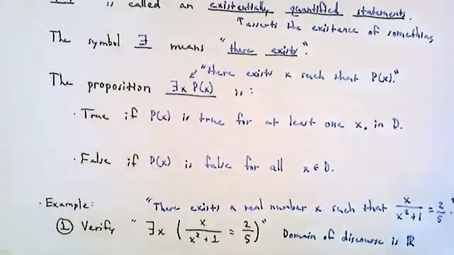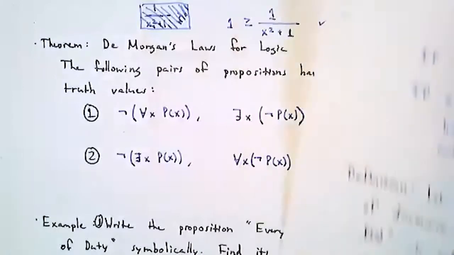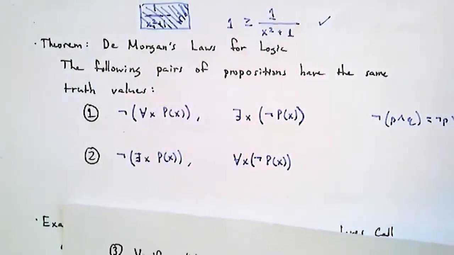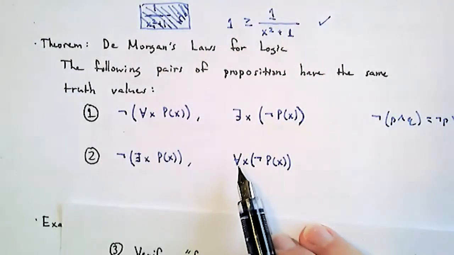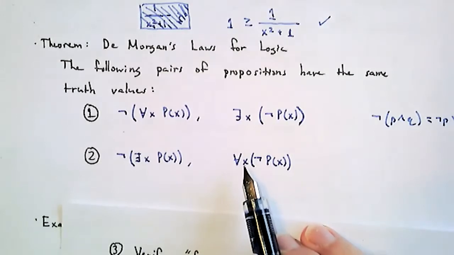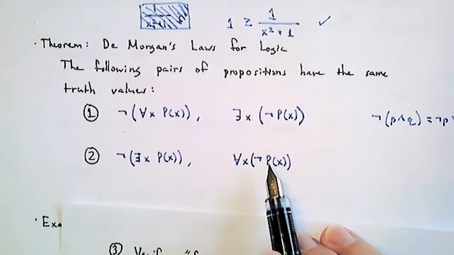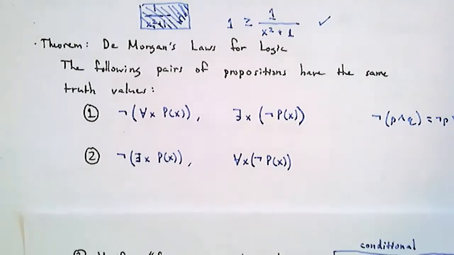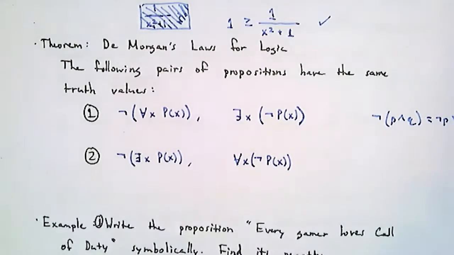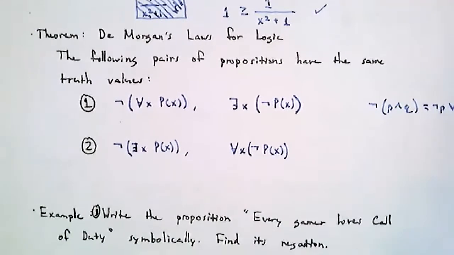And that's what this law is telling us. So for every x in the domain of discourse, the negation of P is true. Are there any questions over that?